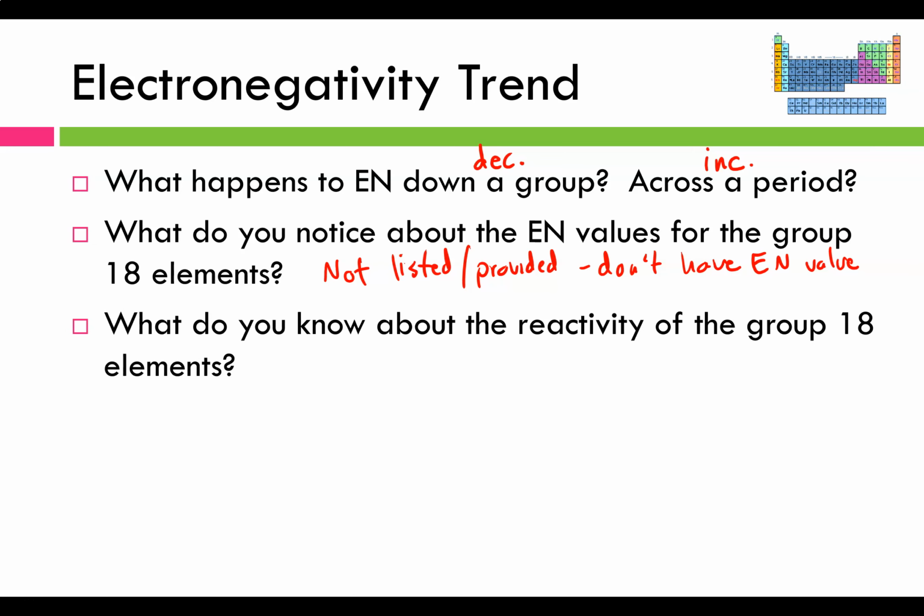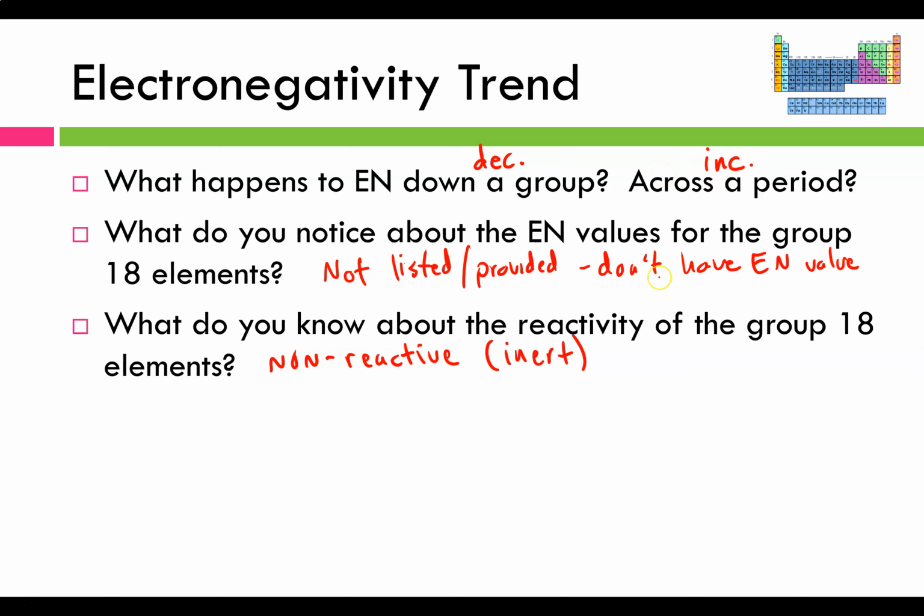What do we know about the reactivity of group 18 elements, our noble gases? They're basically non-reactive. The chemical term for that is inert. Does not react. So we are observing a trend that seems to get stronger in nonmetals than it does in metals.